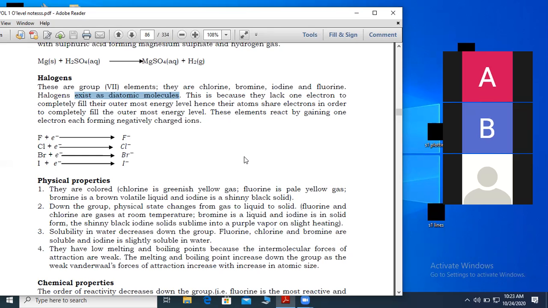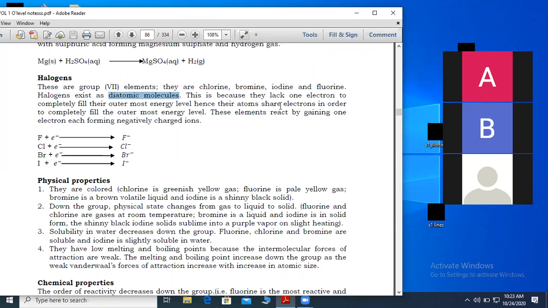It is very hard for chlorine to exist as an atom itself. You know, molecules, we said they cannot exist by themselves. So chlorine, this is chlorine atom, but chlorine molecule, it is Cl2. So characteristic of those elements, number 1, they exist as diatomic molecules because they are usually gases.